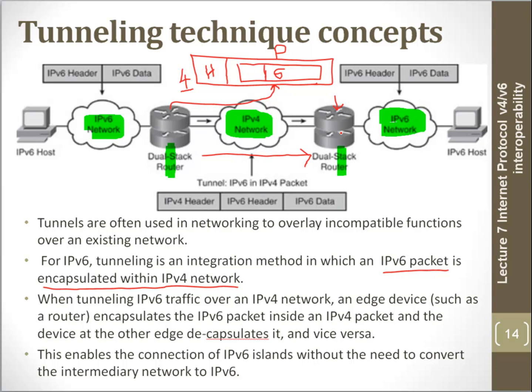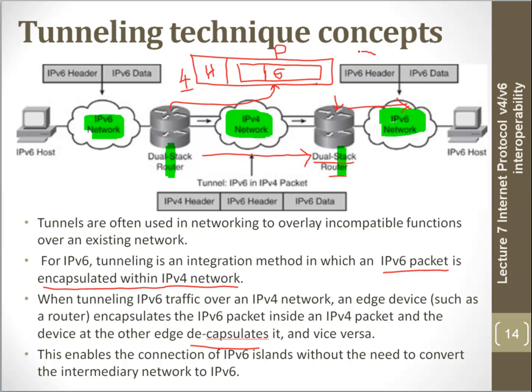This router is also a dual stack router, so it can support both. Now this router is going to do the decapsulation process. It is going to take the IPv6 packet out, removing it from the IPv4 packet. Then the IPv6 packet will be forwarded to this local network.